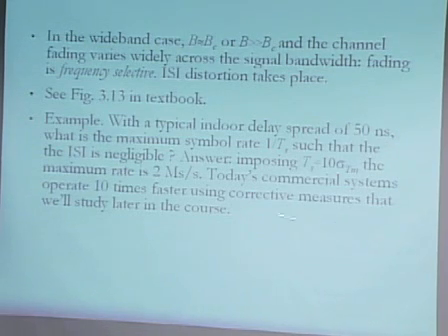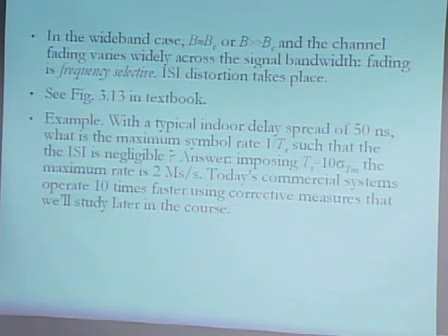Okay, so commercial systems today operate much faster than that, which means that corrective measures have to be used. We'll study this later in the course. Yes? So you can have in-between cases, right? I mean, you're having frequency flat with ISI, right? Yes. So the question is, you can have in between cases where the symbols are, say, comparable to the delay spread, for example. Yes, you can even have that.